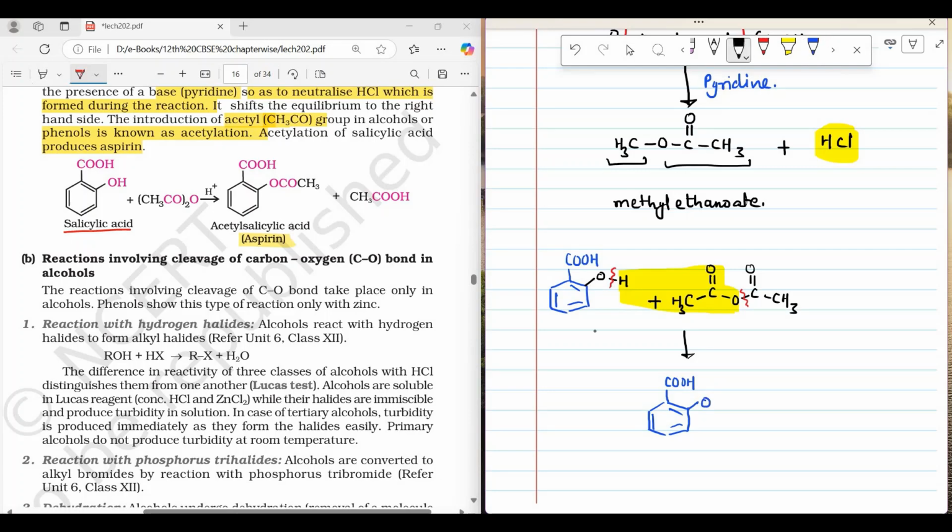Now this oxygen will get combined with the carbonyl carbon. So here you have to draw C double bond O, CH3. Now draw the byproduct by combining rest of the molecule. So here you will get CH3 C double bond O, OH. So this is ethanoic acid, will be removed in the form of byproduct.